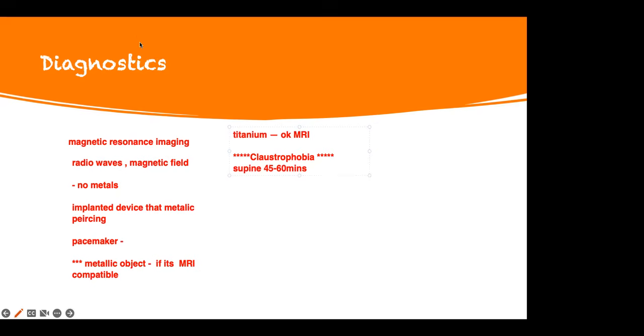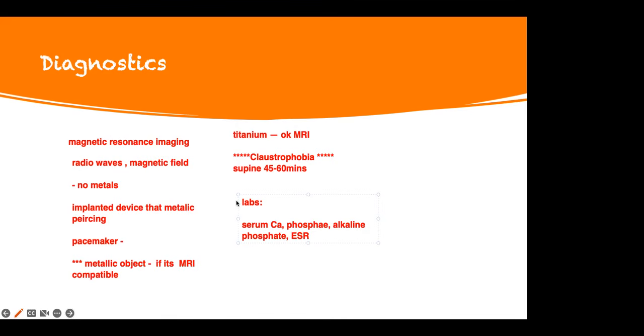Okay. These are baseline things you have to know so that when you study, you see it. There are some lab works that come with musculoskeletal. We always want to know your calcium, okay? I need to know your phosphorus, okay? We need to know your alkaline phosphatase. When you see it, it means bone problem. We need to know your ESR.